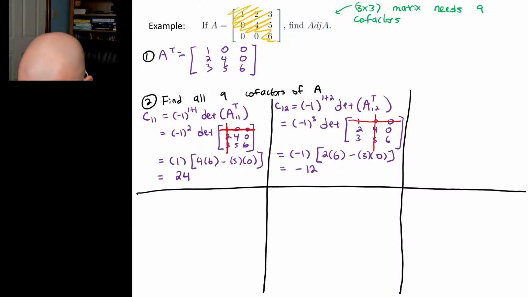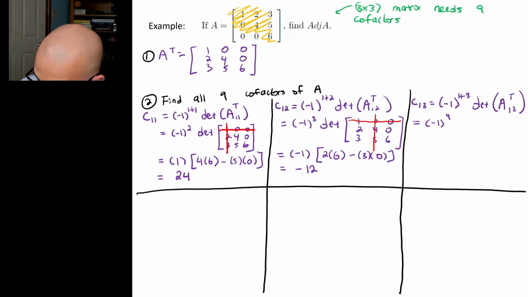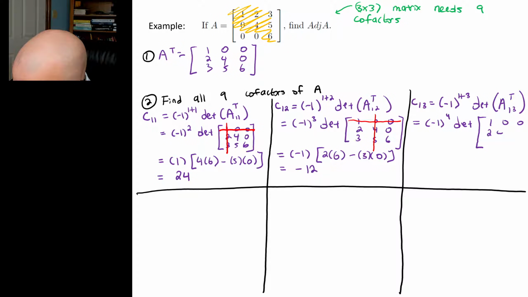Okay, now the next one, C13. It's a lot of work. -1 to the power of 1 plus 3 times the determinant of A transpose 1, 3. So -1 to the power of 4 times the determinant. I'll make a copy of the entire thing: 1, 0, 0, 2, 4, 0, 3, 5, 6.